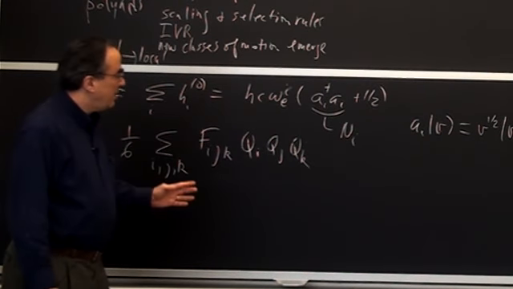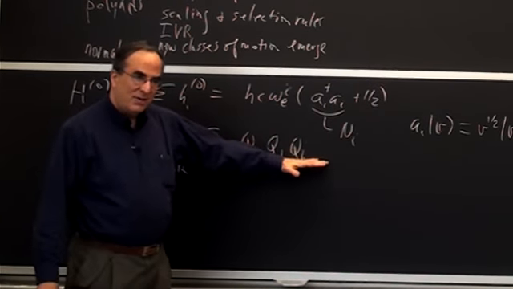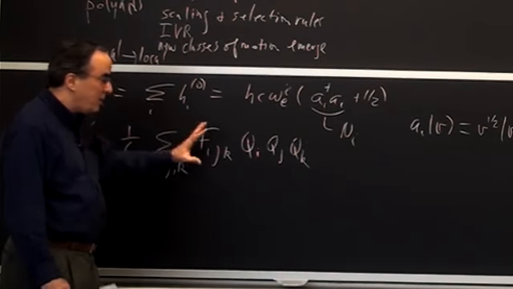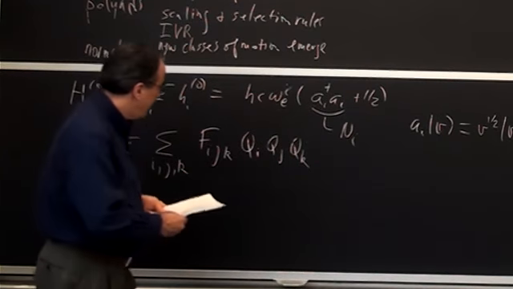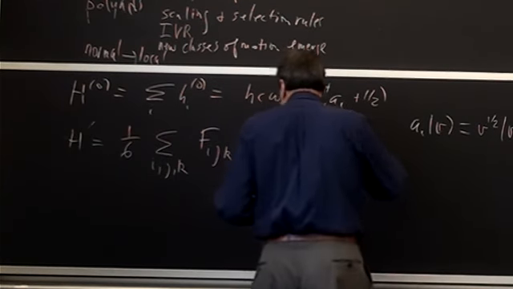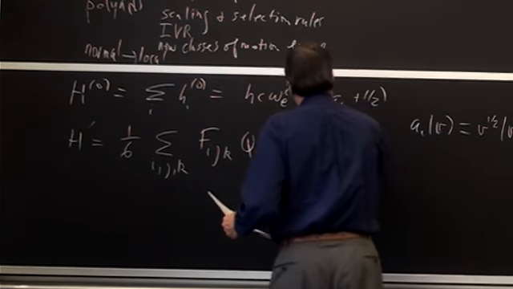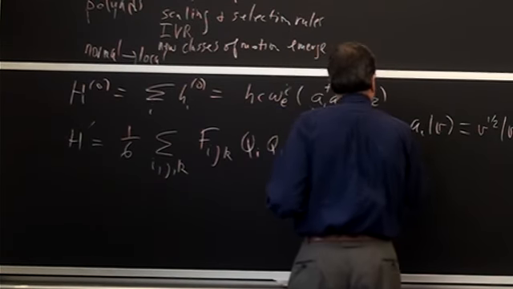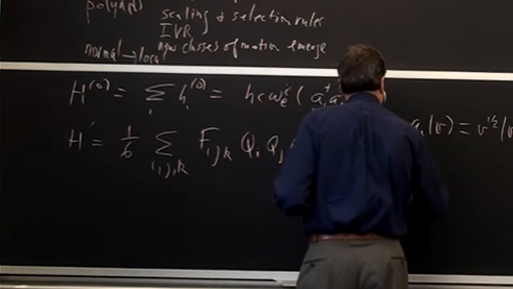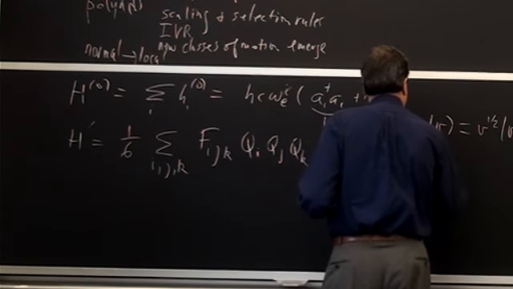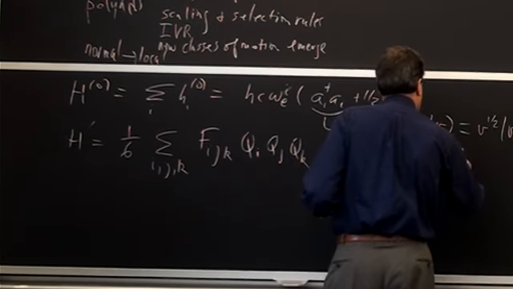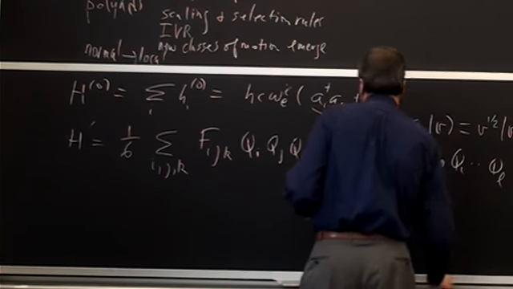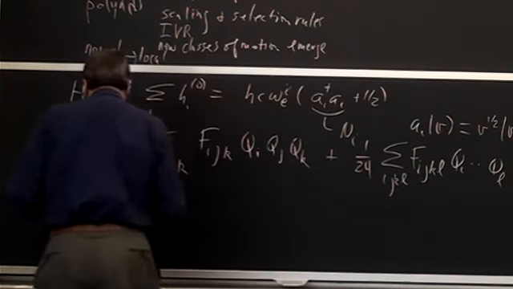But combinatorics is much easier, and it's much easier to program using unrestricted sums, and so you really should use unrestricted sums. And then there's the next one, the quartic term, and okay, so that's what we have.